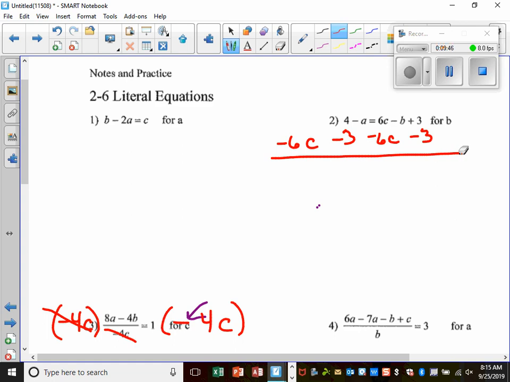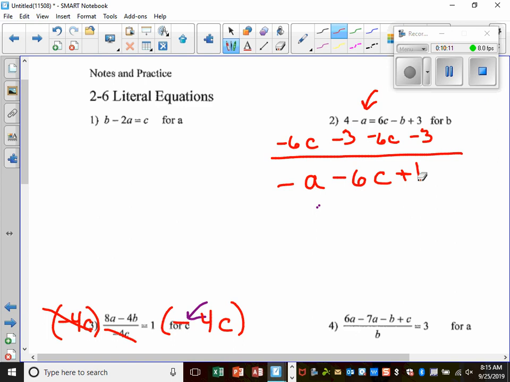All right, so I'm going to end up with, and typically, guys, we do put them in alphabetical order. So when I rewrite it, I'm going to start with the negative A term, and then we'll do the C term, and then we'll do the constant. So 4 minus 3 gives us what? Plus 1.